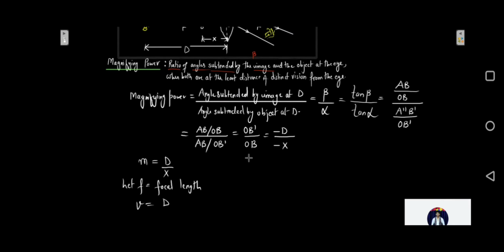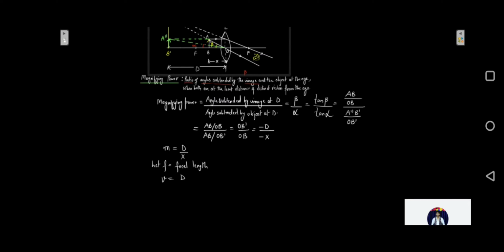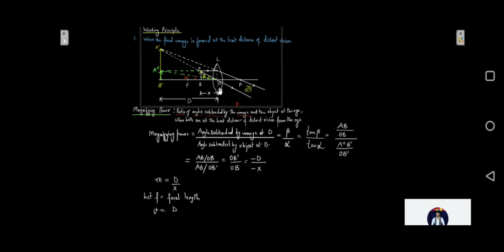Okay, and since the image is formed on the same side of the object, on this side itself, this D will be taken as negative because we are again starting from the optical center and going against the incident ray, so it is going to be minus D. So the image is formed at D, and the image distance is taken as minus D using the sign convention.